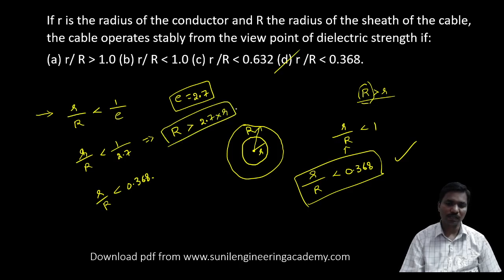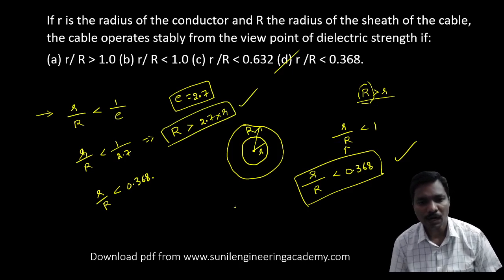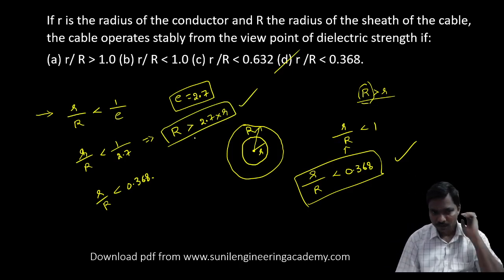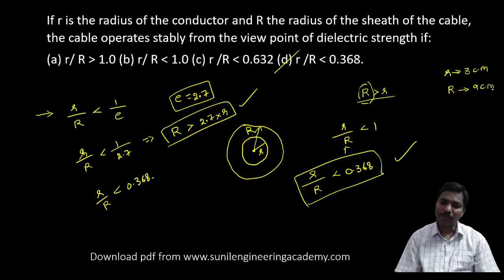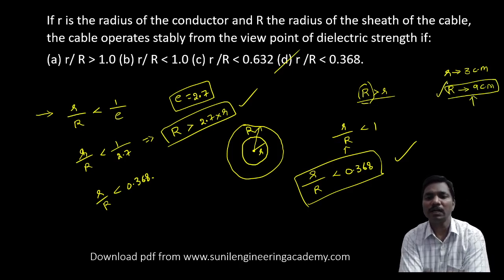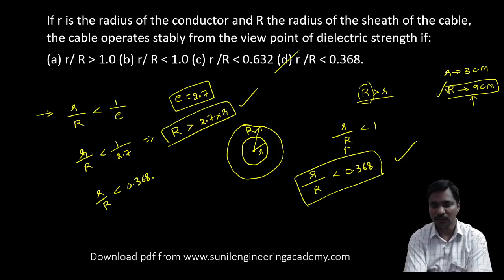This is the general idea. At least it is a factor of 3, three times the core diameter. For example, if the core diameter is 3 centimeter, capital R must be at least 9 centimeter. So the total cable diameter has very high mechanical strength.